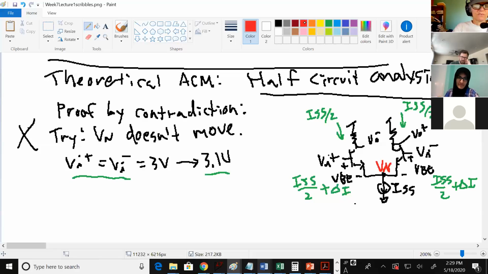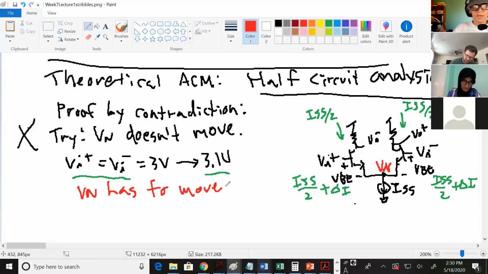So that assumption we made with the differential mode half circuit, where we said Vx doesn't move, so let's make it an AC ground, a virtual ground, we can't do that anymore.